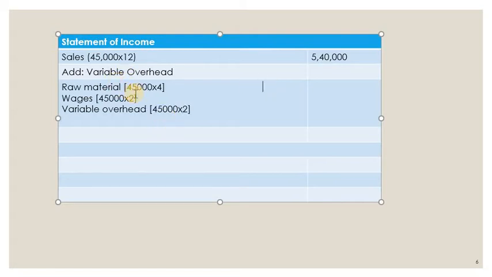So raw material 45,000 into 4 is 1,20,000. Then wages 45,000 into 2 is 90,000. Then variable overhead also 90,000. So total variable overheads are 3,60,000.